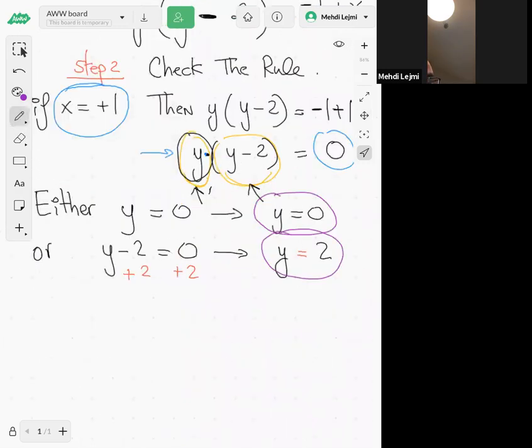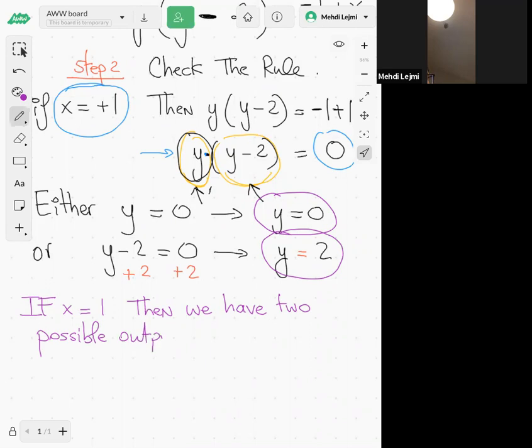If x is positive 1, then we have two possible outputs. Either y is 0 or y is positive 2. So then this is not a function.